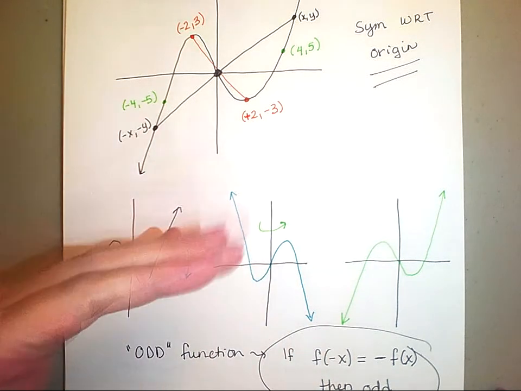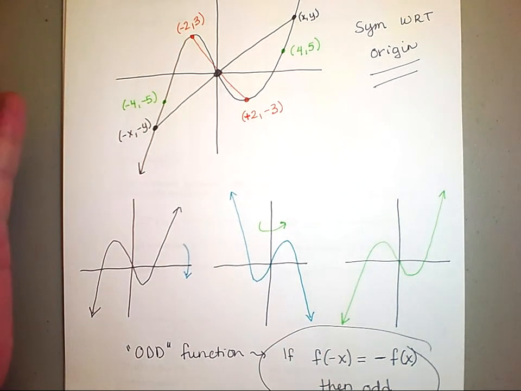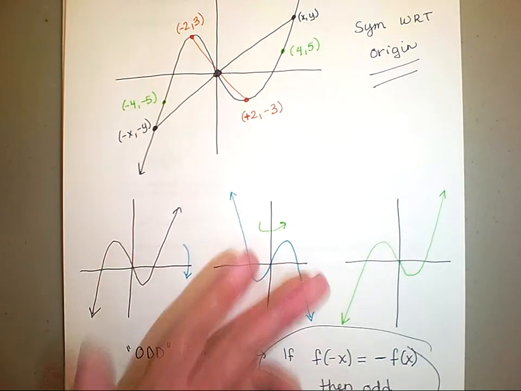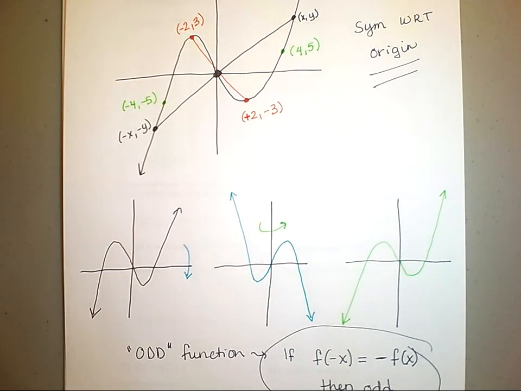So if you're just given a graph, you can look for the symmetries of the function and say if it's either even or odd. Can I flip it across the y, or can I do it across the y and the x?